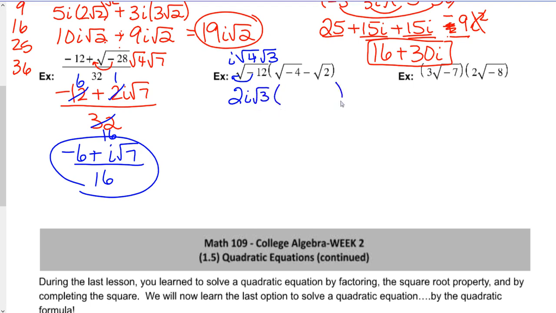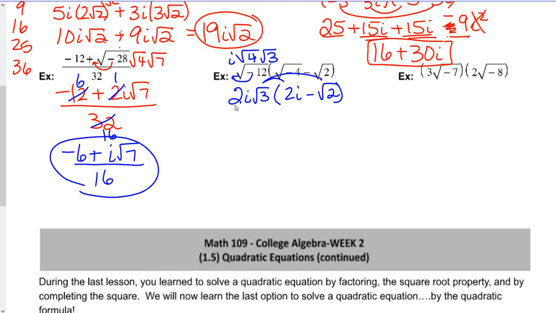Then, inside here, the square root of 4 by itself is just 2. So when I bring that negative out as an i, this becomes a 2i minus, this guy's positive, so it can't have anything done to it just yet. Okay? So now, we're multiplying what's on the outside, distributing through to simplify. So we're going to distribute.